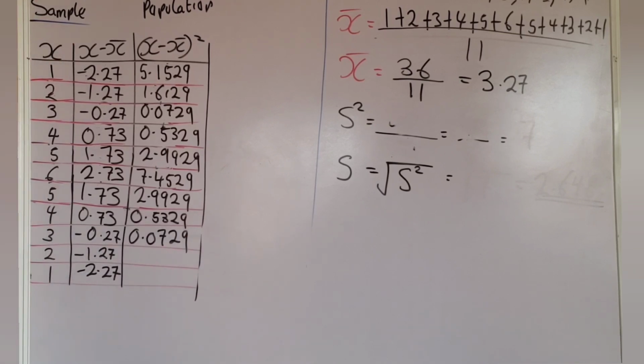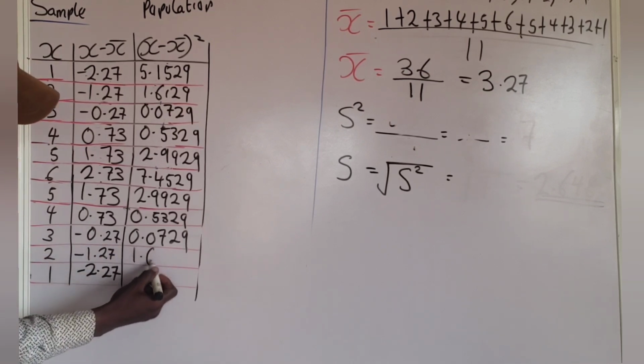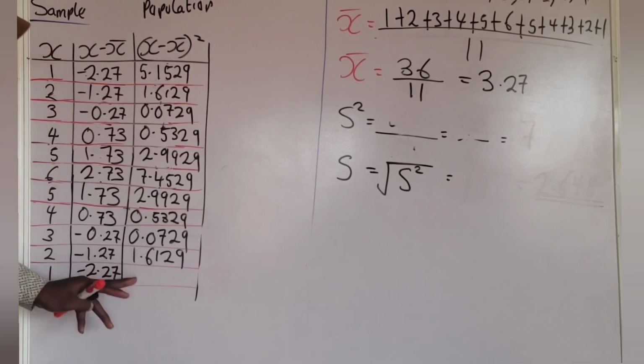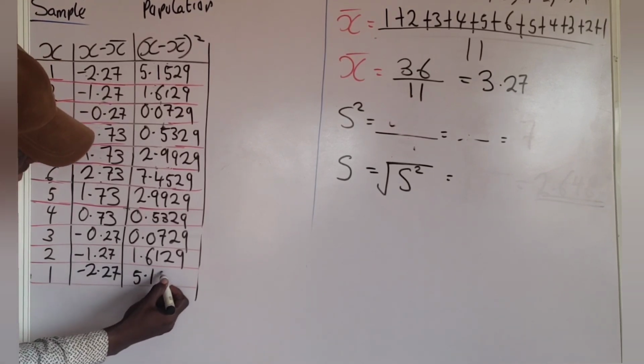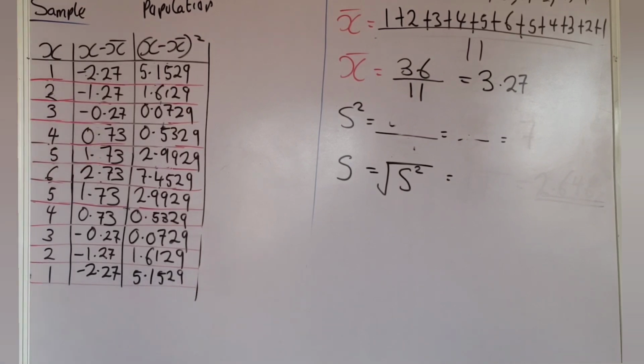Negative 1.27, if you square these values, we are going to have 1.6129. Then for this, I'm going to have 5.1529. Okay, please, this calculation is simple. I just square all these values to get the deviation squared.